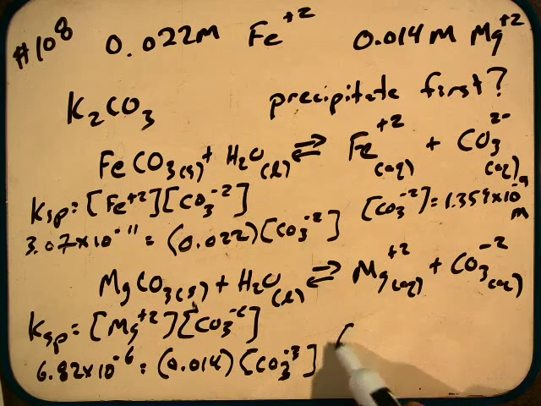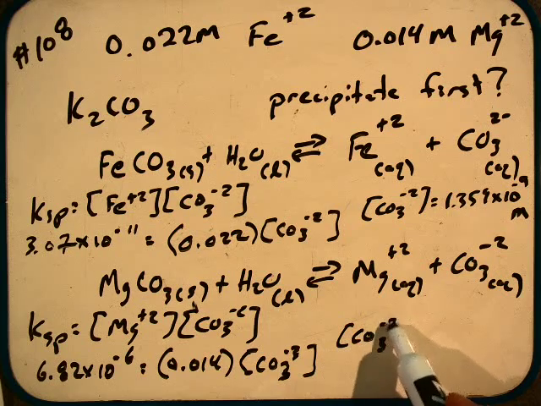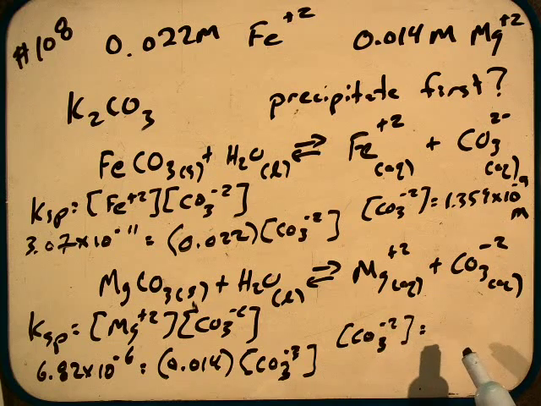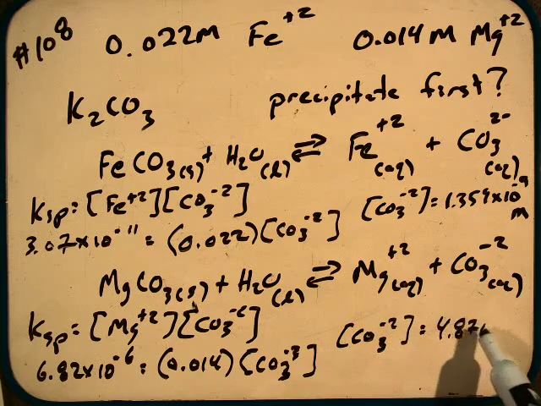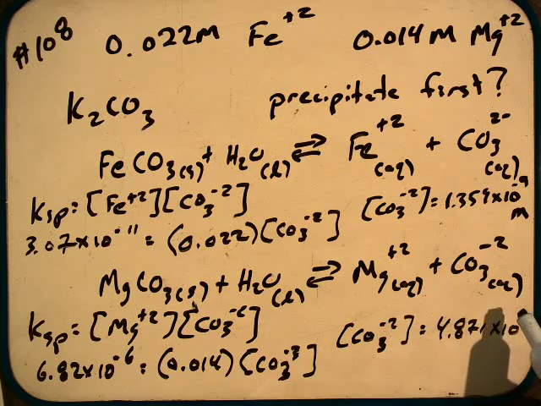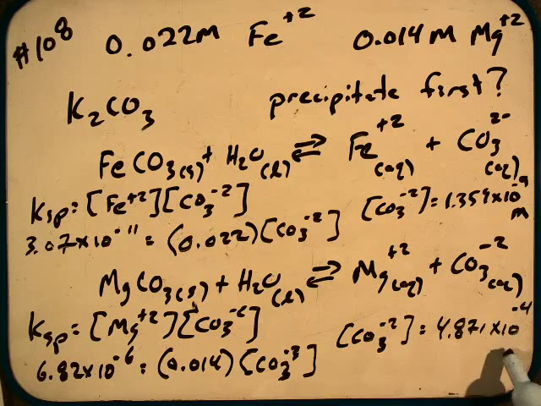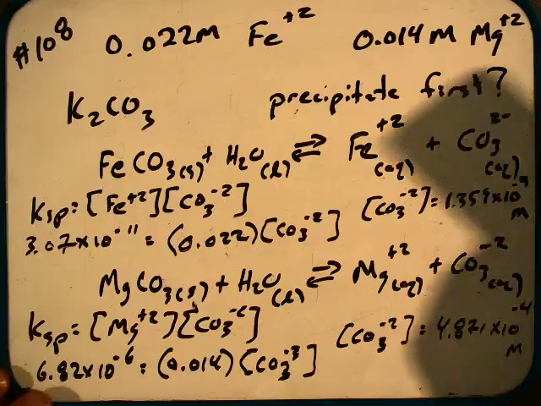When we rearrange that and solve, we get a minimum of 4.871 times 10 to the negative 4th molar. So you see it takes a lot more carbonate to cause the magnesium ion to precipitate than it does the iron. So the iron is going to precipitate first.